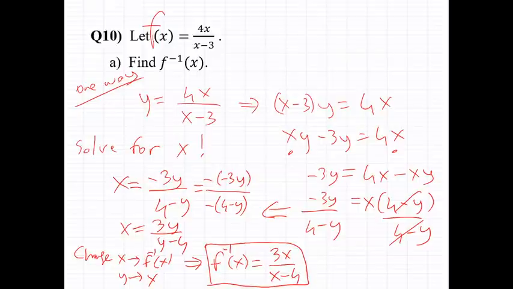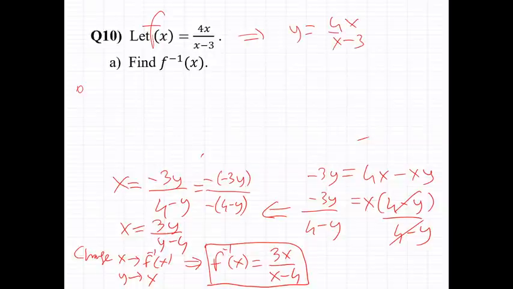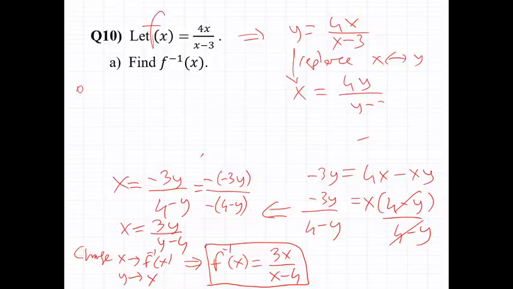This is how I do it, but some of you can do it a different way. For example, some of you are doing it this way: y equal to 4x over x minus 3. Then replace, so you say here this is x, and then this is 4y over y minus 3.